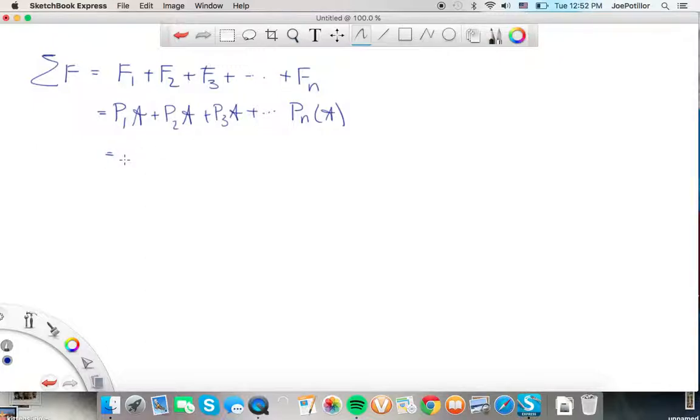And then factors out P1 plus P2 plus P3 plus all the way to P sub n, and this is A. And this will be called the sum of all pressures. And this is the sum of all forces here. Okay?